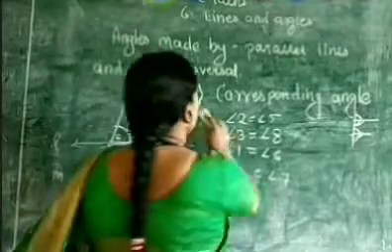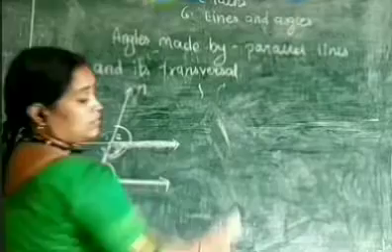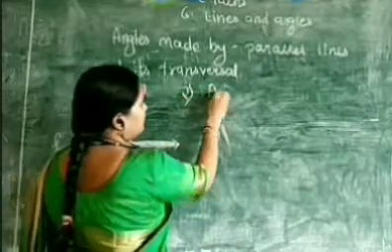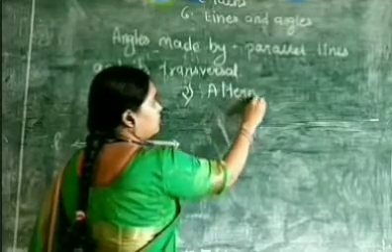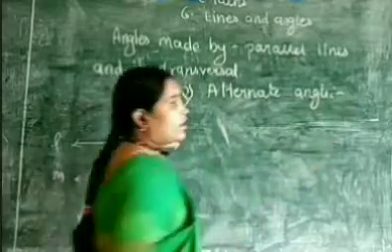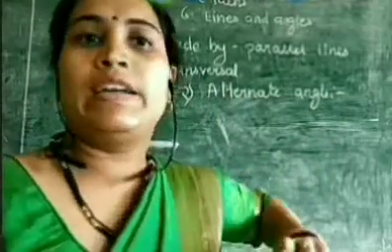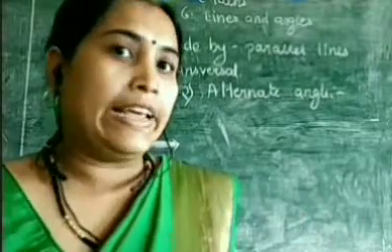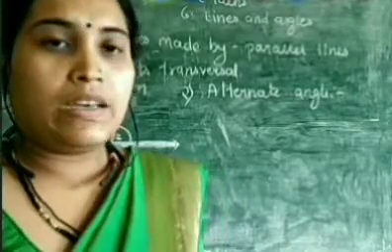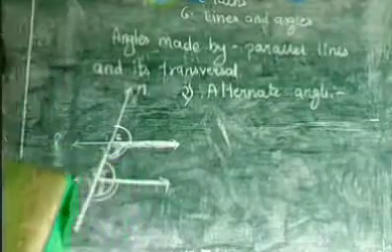Now, the second angle is the alternate angle. Here we are going to observe two types of alternate angles: alternate interior angles and alternate exterior angles. How are we going to identify the alternate angles?